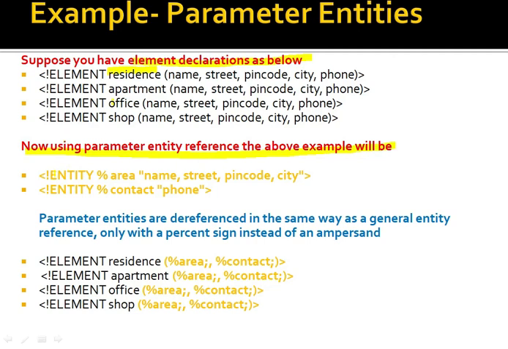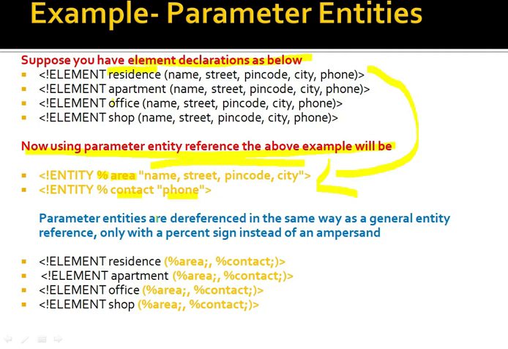So ENTITY, then a space, percentage, space, the name of the parameter entity, then all the parameters come here: name, street, pin code, city. And here another entity, contact, then phone number. So it is represented like this.